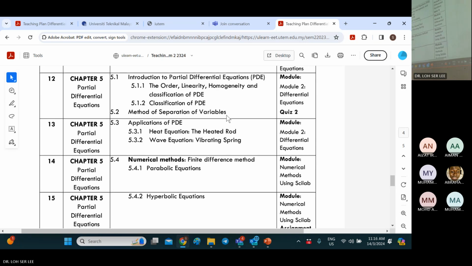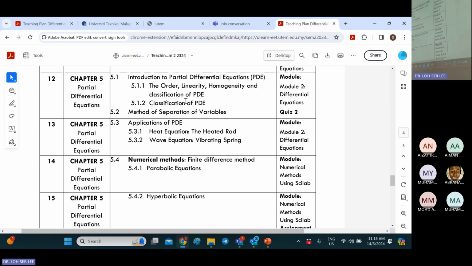Then the method of separation of variables is the analytical method to solve a PDE. For the application of PDE, we will look at these two applications: how to solve the heat equation and wave equation using the method of separation of variables.